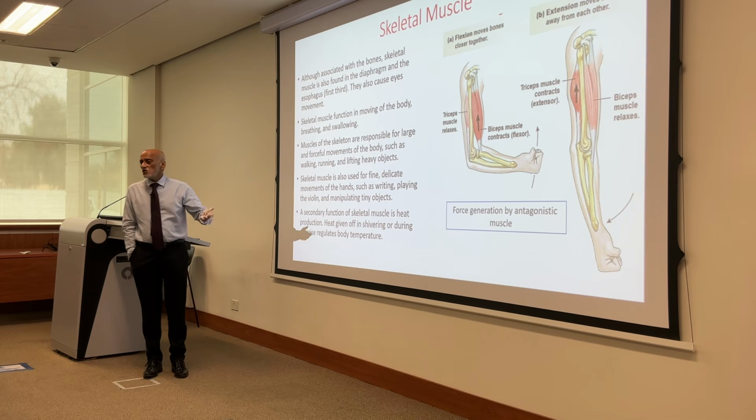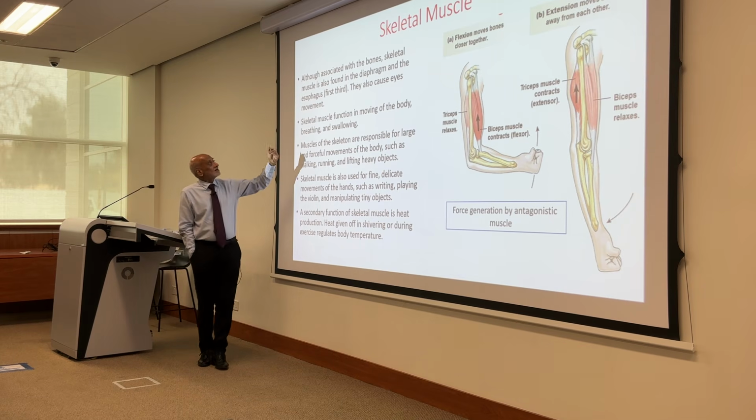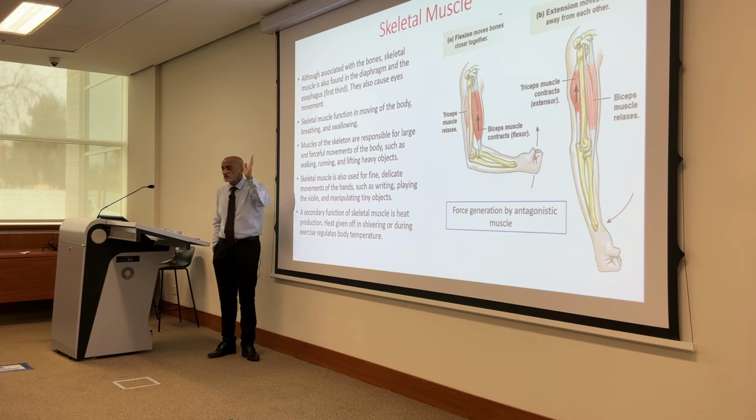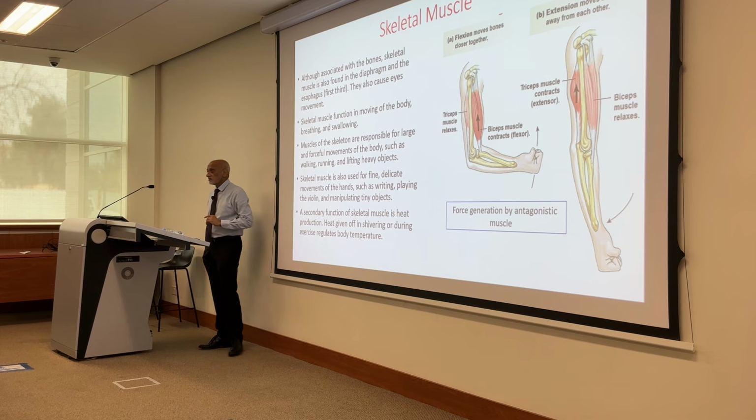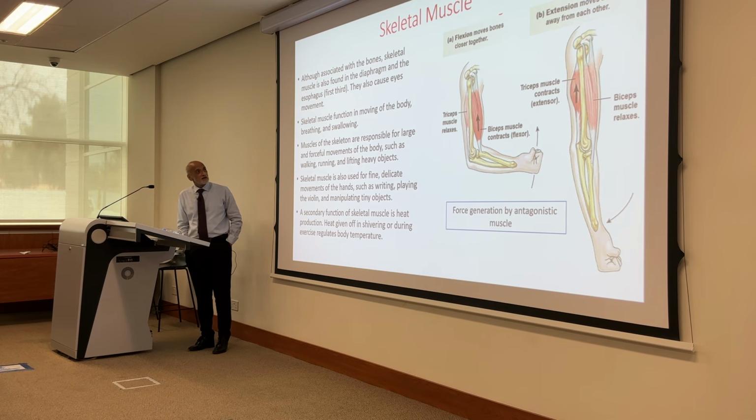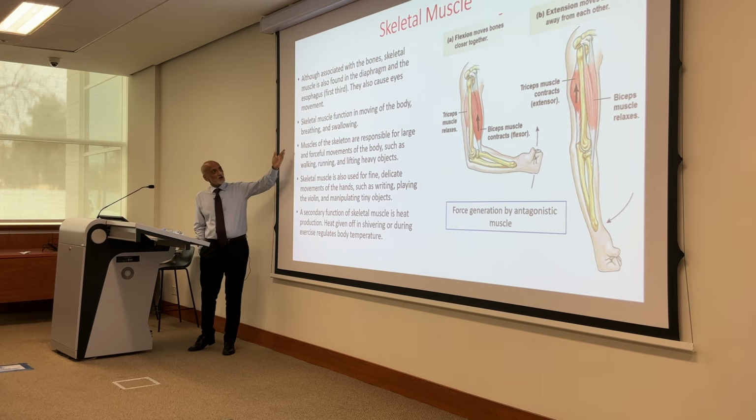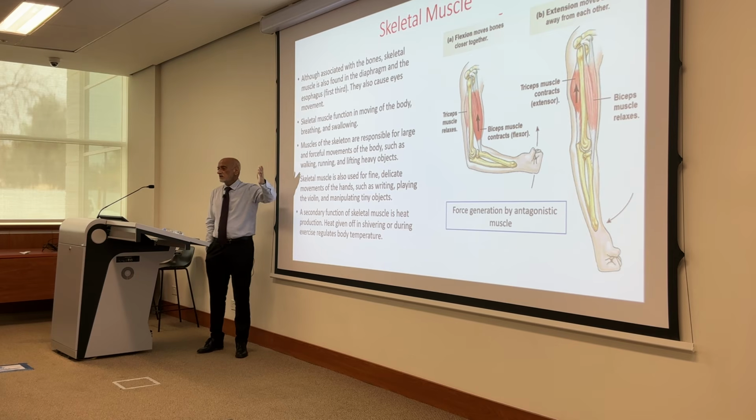Okay? So it's not just purely to bones is what I'm getting at. All right? They cause eye movements. Okay? In other words, moving left, moving right, and so on and so forth. Again, movements of the body, and these movements, in the case of the skeleton, obviously, will allow you to walk.